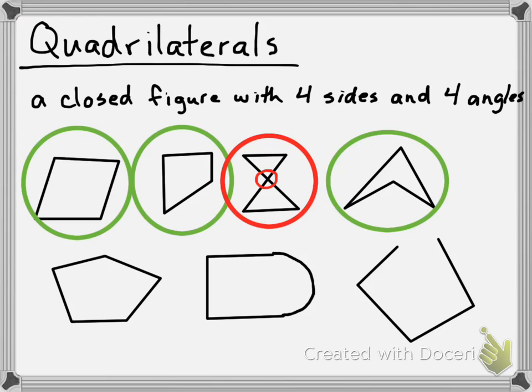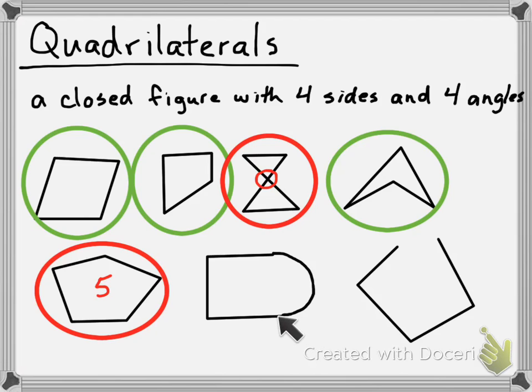The next one is not a quadrilateral because it has 1, 2, 3, 4, 5 sides. A quadrilateral has 4 sides, so that can't be a quadrilateral.